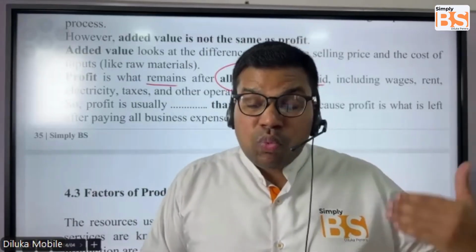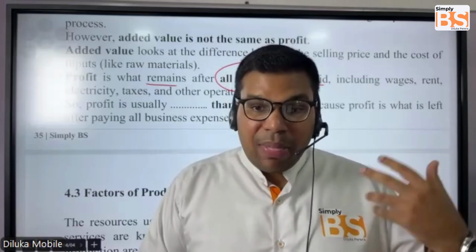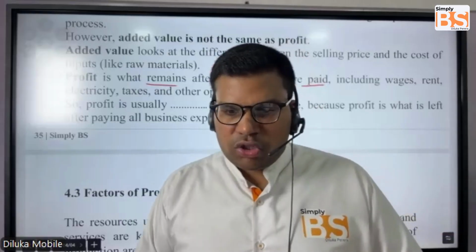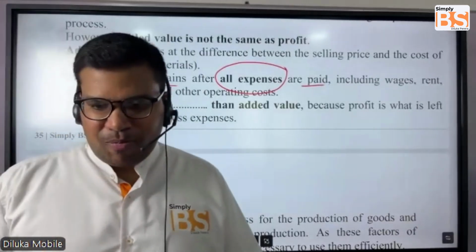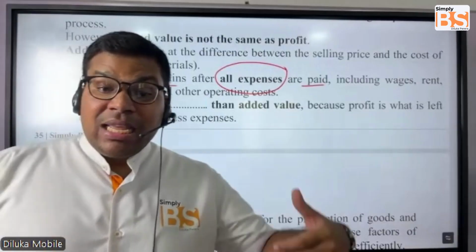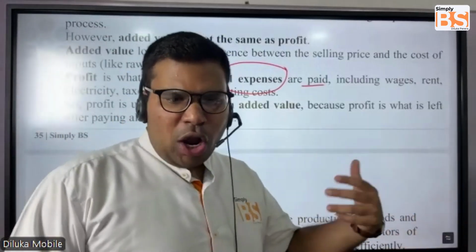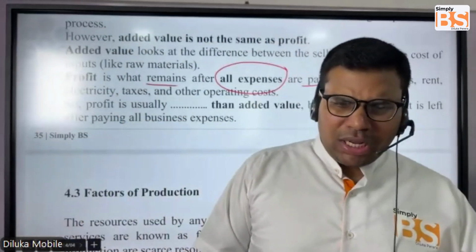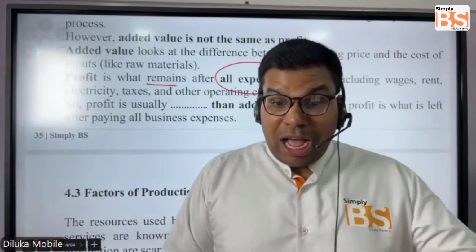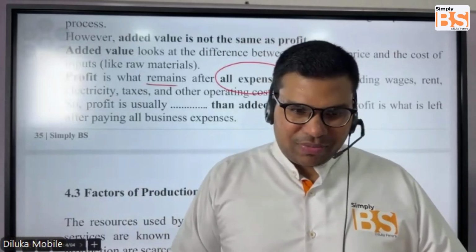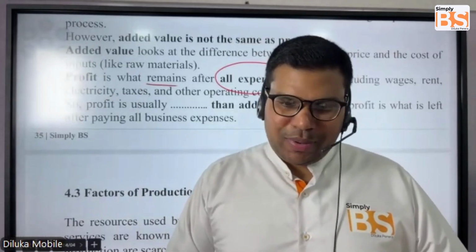So the salary cost of other employees has to be considered other expenses. On top of that, utility expenses, your electricity and water are utilities. Then transport expenses.